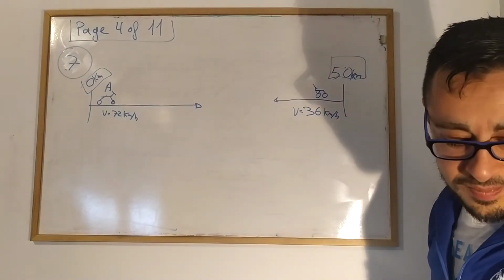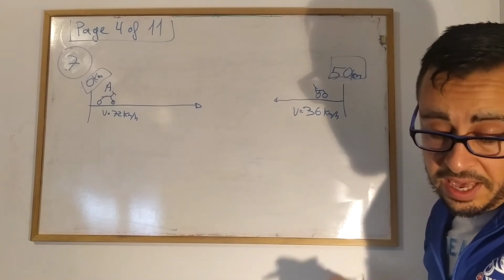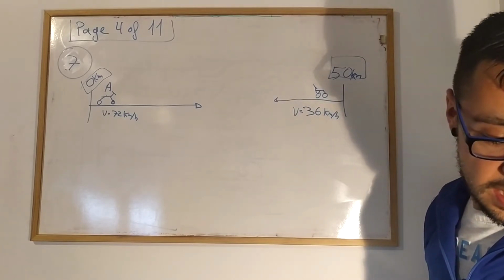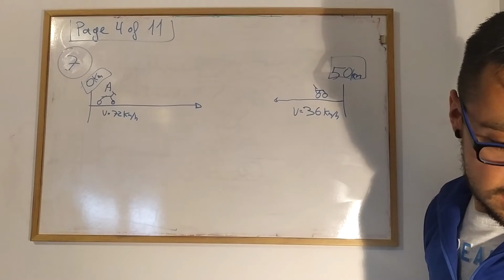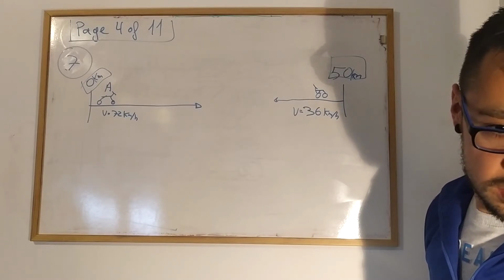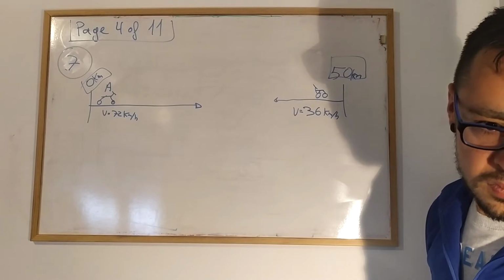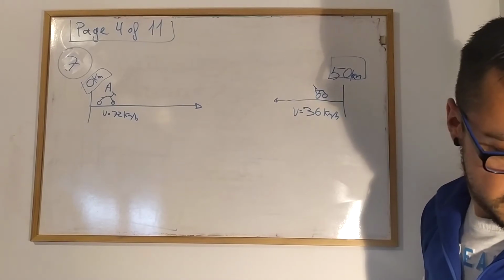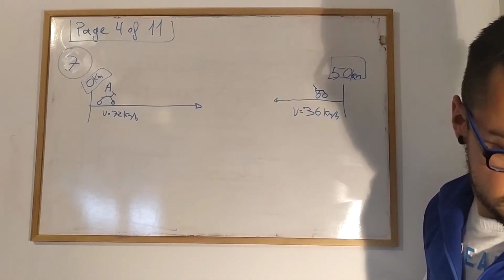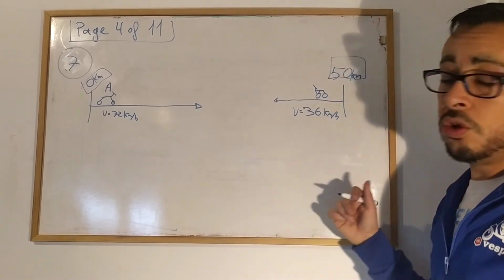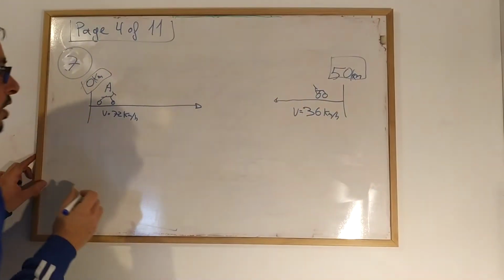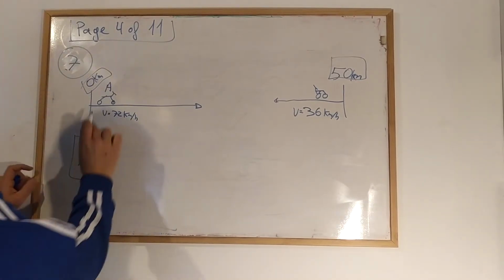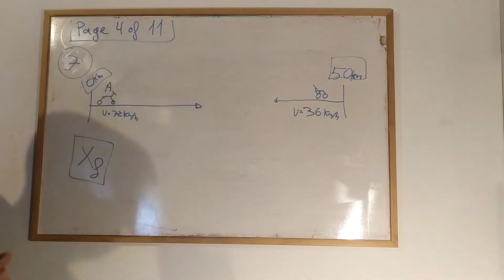So we are going to do again an equation system. So, what do we want to know? The final position, final position of this one and final position of that one.